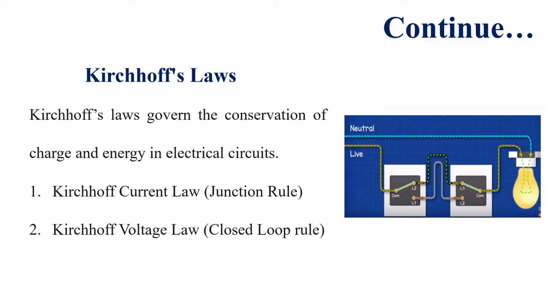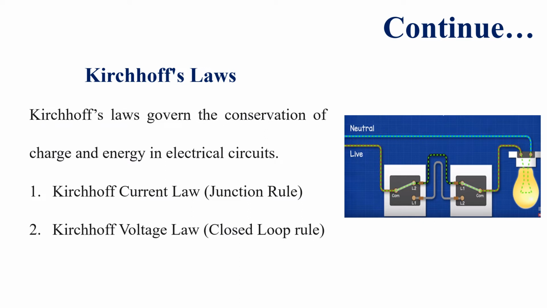There are various relationships among voltages and currents of an electrical circuit. These relationships are determined by Kirchhoff's laws. Kirchhoff's law governs the conservation of charge and energy in electrical circuits and is divided into two laws according to the current and voltages.